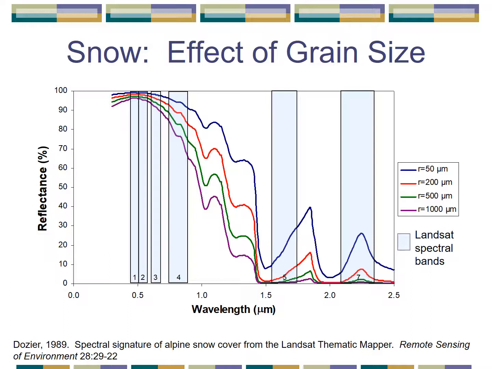So how could you use this to your advantage? If you have a satellite that collects information between, say, 1 and 1.5, and you have multiple areas of snow, you should be able to classify out different grain sizes of snow in terms of how they respond to those frequencies.